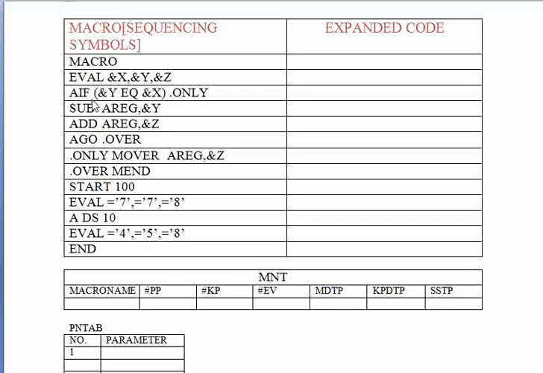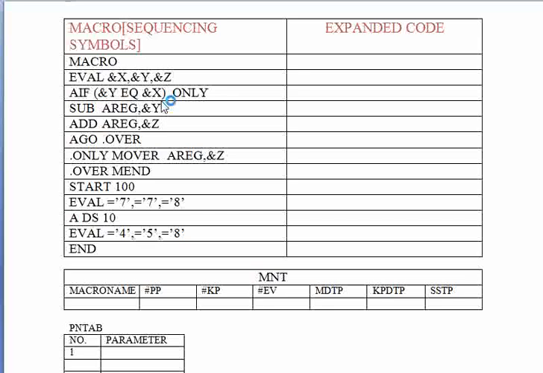These conditional statements like AIF and AGO and the sequencing symbols are basically used when we do not wish to write all the statements within the body of the macro during the macro expansion. What if I wanted a certain statement to be repeated multiple times, or what if I wanted to skip certain statements during the expansion? If that is the case, then I'll have to use conditional statements like AIF and AGO and sequencing symbols.